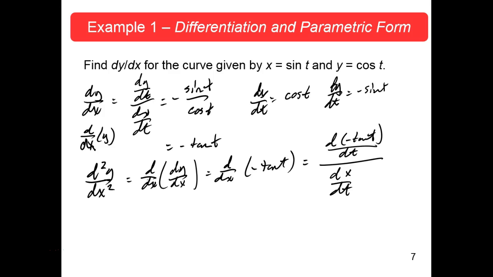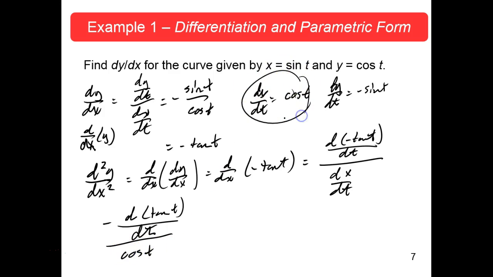Making sense? Okay. Well, now let's see what that is. What is d by dt of negative tangent t? Let's do it this way: minus d tangent t/dt over dx/dt, which we've already done, that's cosine t, right?